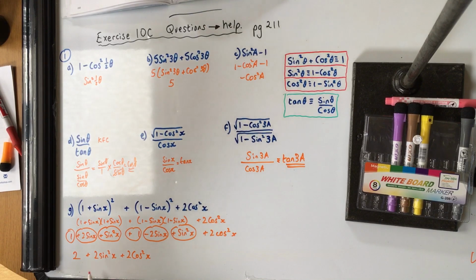If we factorise it, it's 2 times sine squared x plus cos squared x, that's 1, isn't it? So we've got 2 plus 2 times 1, so all of that is just equivalent to 4, isn't it? 2 plus 2 is 4. So that is up to G.